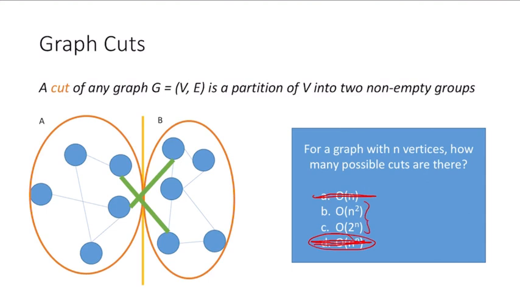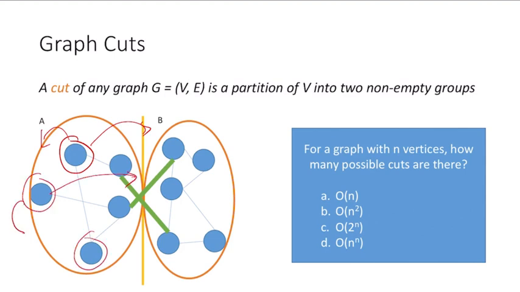And the easiest way to think about this is that for each vertex, so take this one, I'm going to flip a coin and put it into A or B. I'm going to repeat that process for every vertex. So that means I have a binary choice for all n vertices. So that means the total number of cuts I can have is 2 to the n.